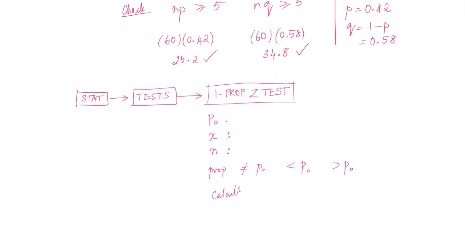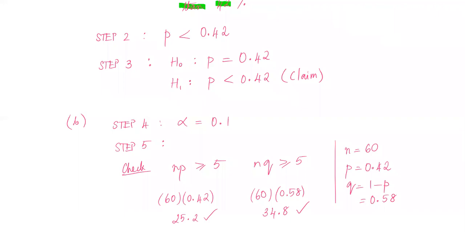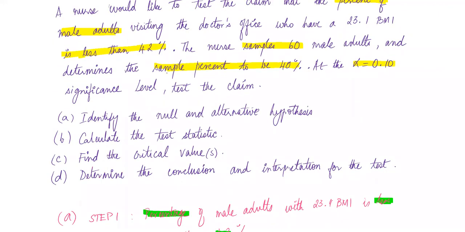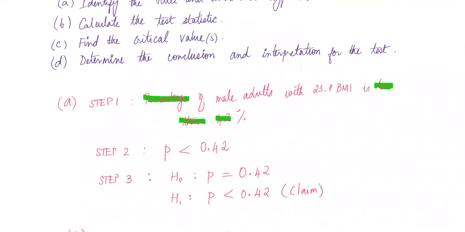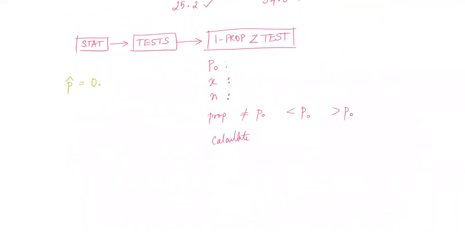So I got all of these. And I need to quickly get my x over n. So I have p hat given to be, p hat is your sample percent. It's given to be 40%. So come down here and you have 0.4, 40%. x is found by doing n times p hat, right?